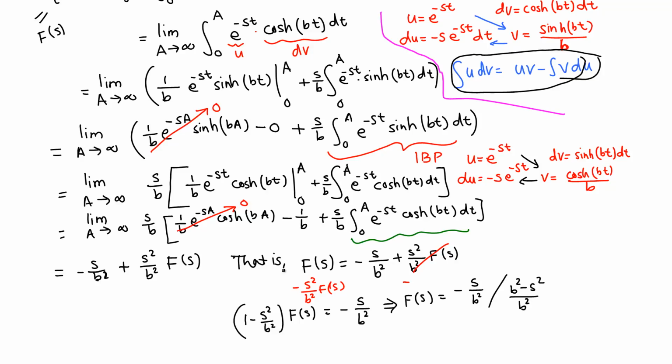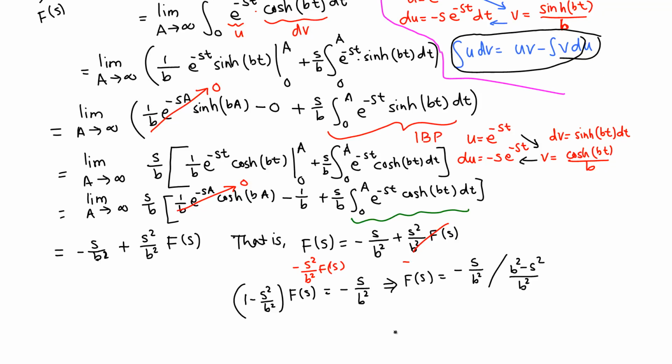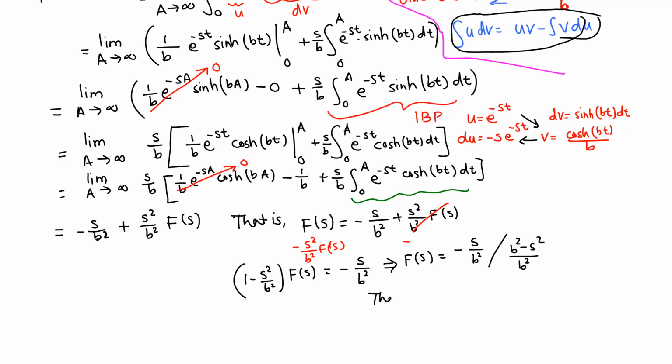So that is in fact uppercase F, the Laplace of lowercase f, which is cosh bt. That is equal to, when we simplify, look, the b squared at the bottom cancels, then we are left with negative s over b squared minus s squared.